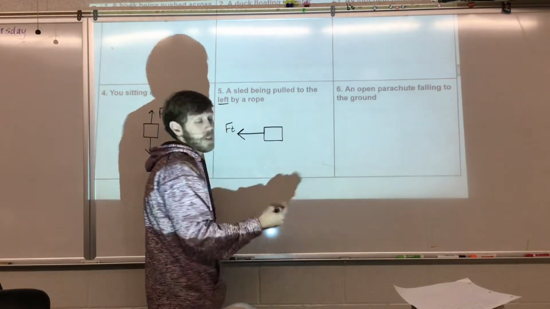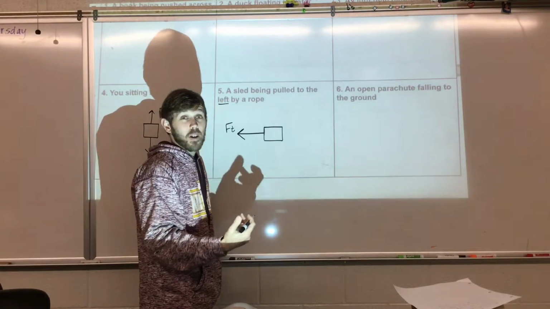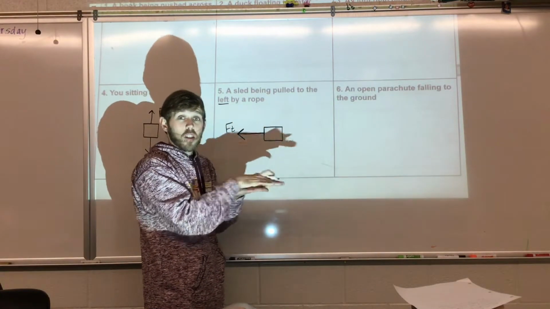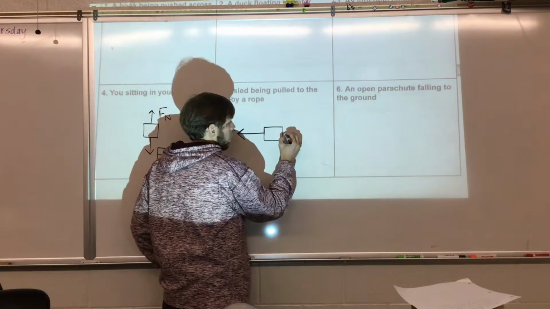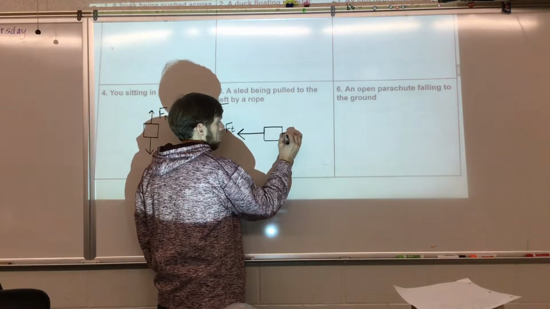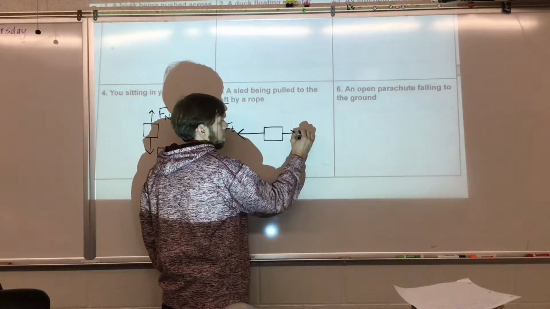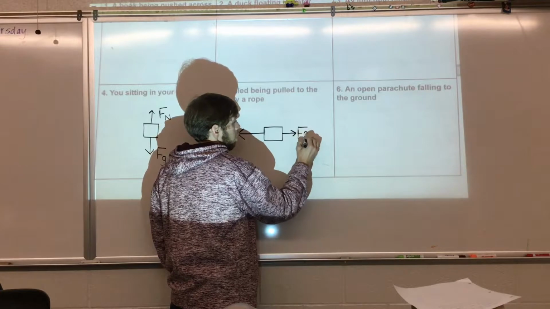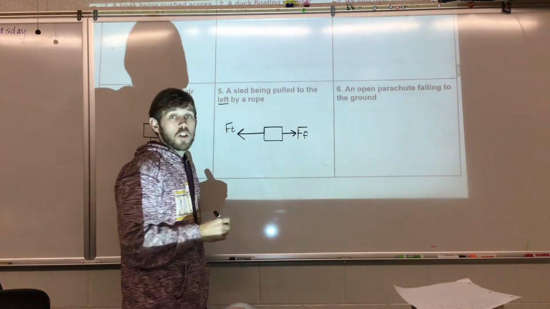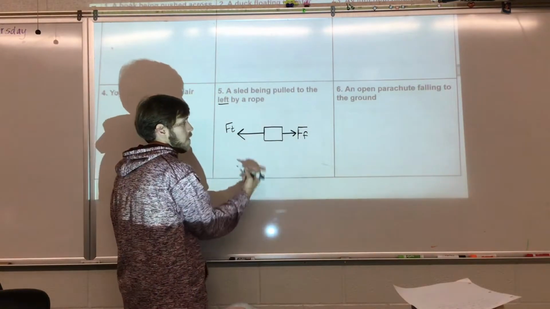If the sled is being pulled across the ground, there's definitely going to be the sled rubbing against the ground that it's being pulled on, but we know it's moving, so this arrow is going to be smaller force of friction because the force tension is greater than the force of friction, which is why there's movement.